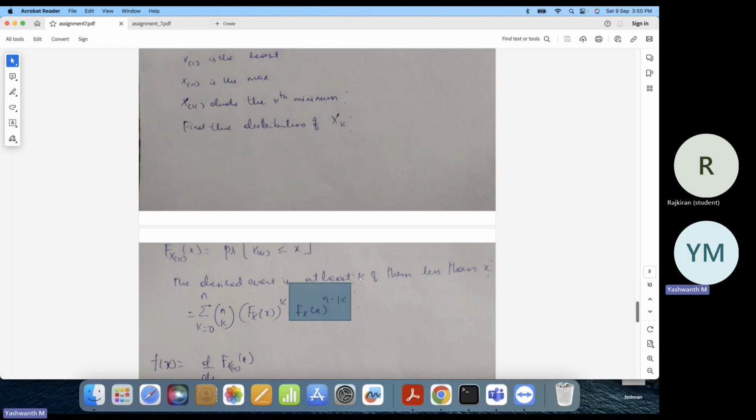So it is like this. Let me give you an example. You tossed 10 coins and you want the probability of obtaining two heads. So how many ways can you get two heads?